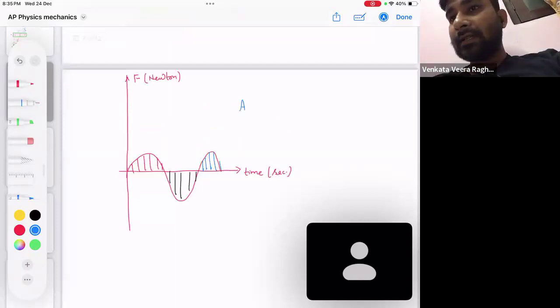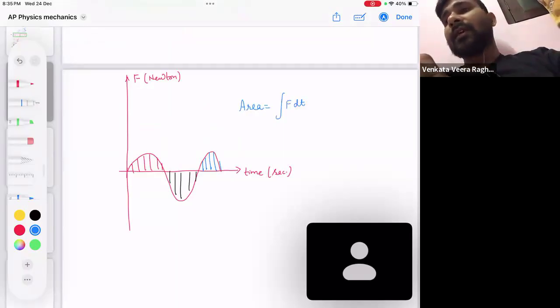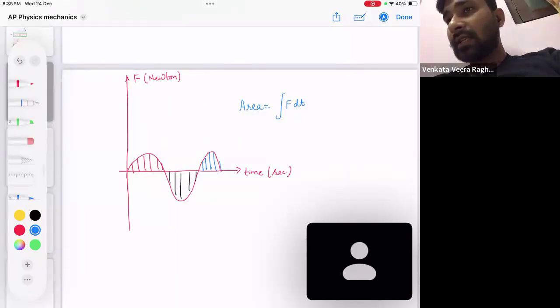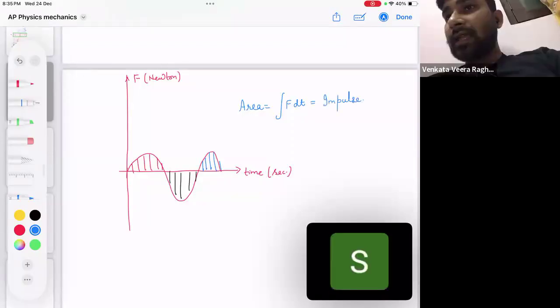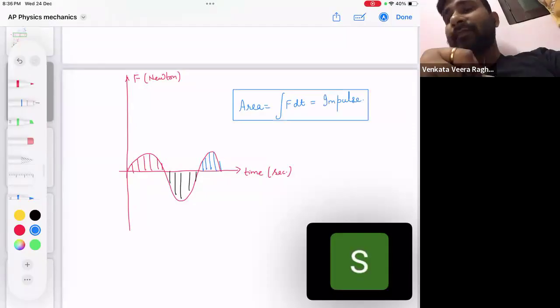Area under the force versus time graph: does it represent the integration of F dt? Yes, sir. And can we say this area represents the impulse acting on the particle as well? It is the impulse acting on the particle also.